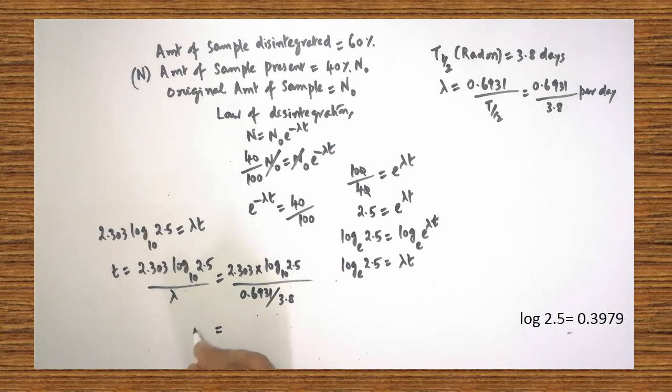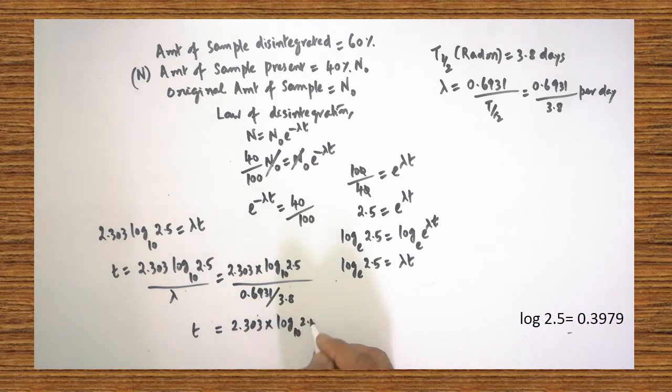The next step we can write like this: 2.303 into log to the base 10 of 2.5 whole divided by 0.6931. This 3.8 could be taken to the denominator. Are you clear?